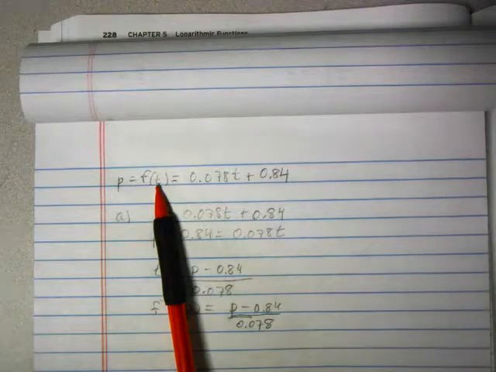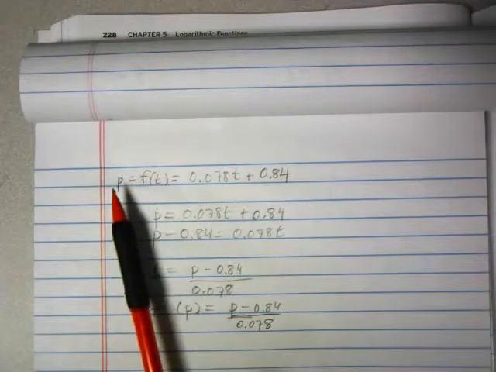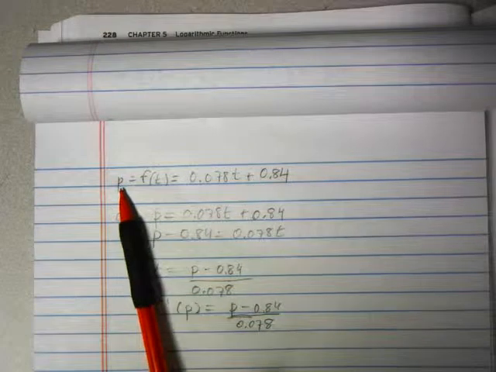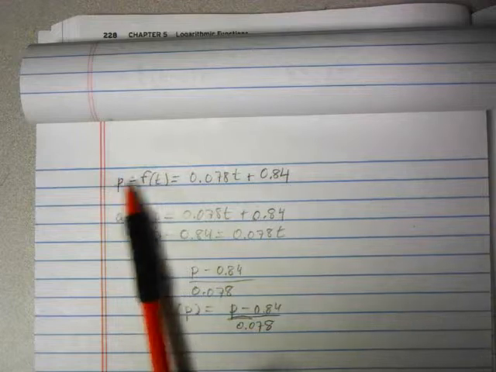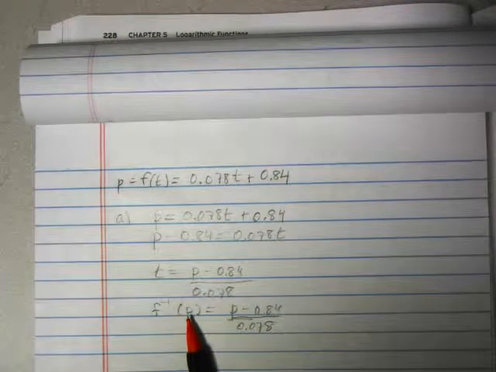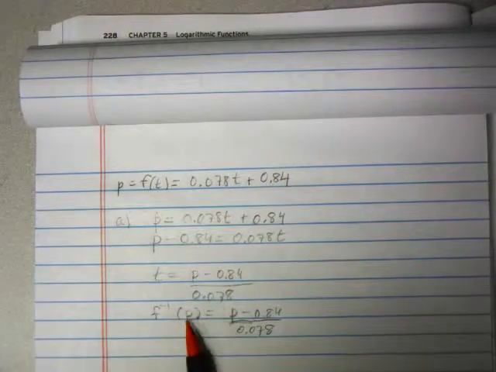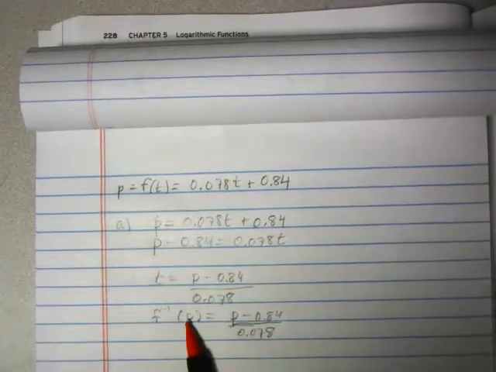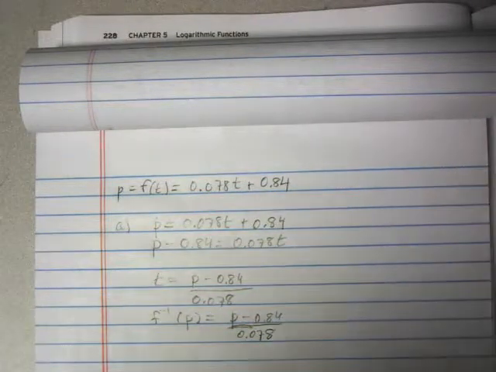Here, your input was time, years since 1985, and your output was population. When we do the inverse, our inputs and our outputs are going to switch. So that's why it makes more sense to leave this as the letter P. Our input will be population, our output will be time. So that'll make more sense here in just a second when we do some problems.